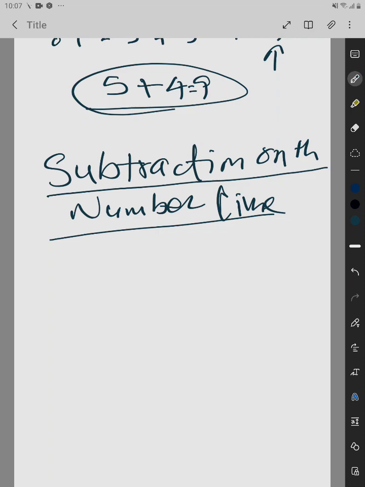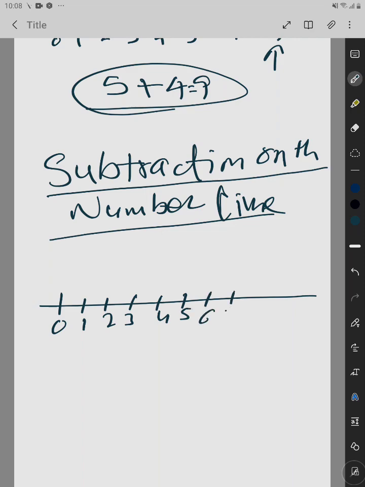So for example, let's first make a number line here. 1, 2, 3, 4, 5, 6, 7, 8, 9. Let's say we need to subtract 8 minus 3.